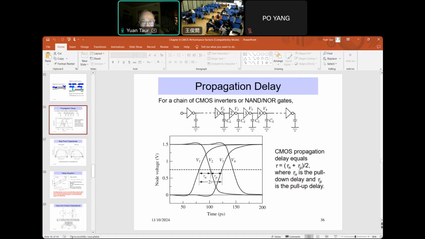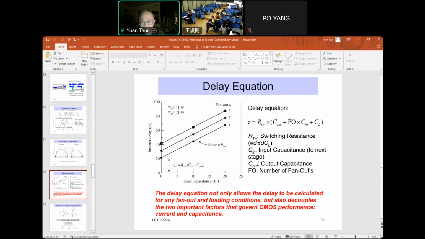Okay, you can drive, let's say, 2 or 3 identical stages. In that case, the gate capacitance of the next stage is multiplied by the fan out factor. FO means number of fan out. Of course, the more stages you drive, the more input capacitance, the more C in you have. Okay.